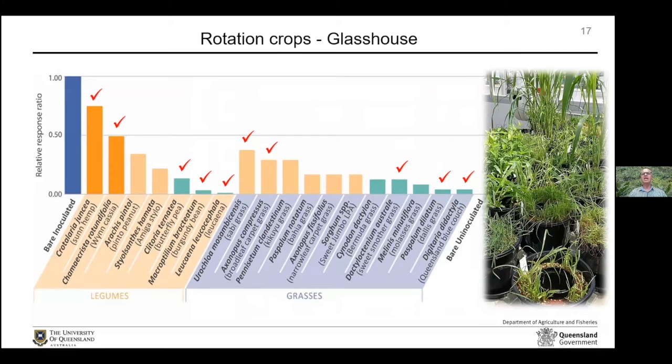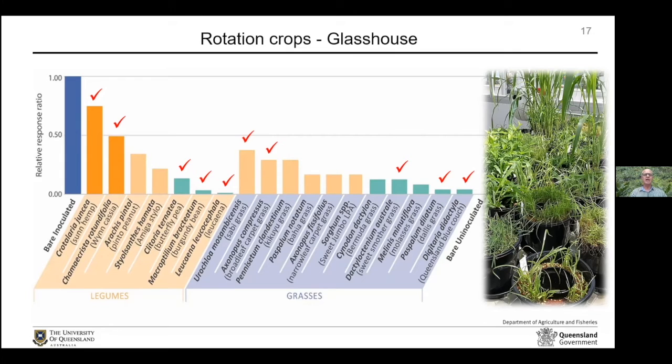He did this over a number of experiments. The red ticks above the columns that you see on your screen are those lines that have been tested multiple times. The blue bar on the left is the susceptible control, and anything that's orange is not significantly different from that susceptible control.